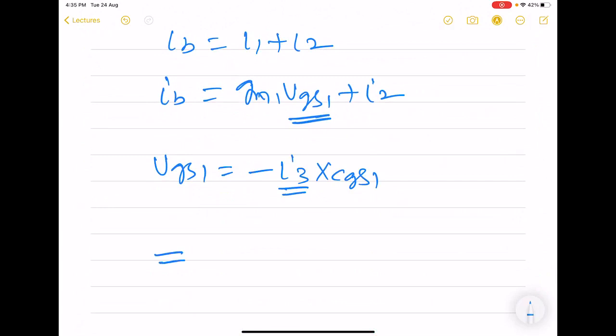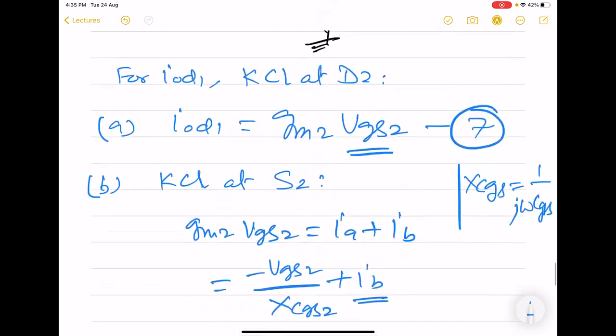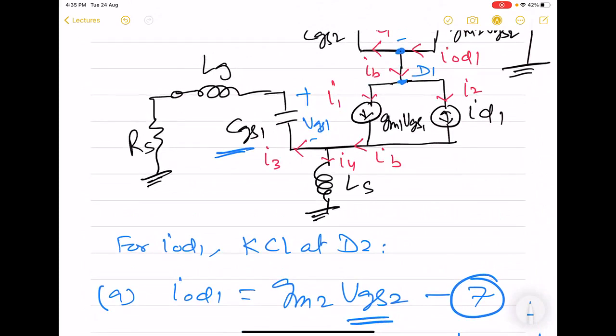So for I3, I3 is generated because IB gets divided into two currents, I3 and I4. So we have already encountered this scenario. That means we have two impedances. So this is I3, this is I4, and incoming current is IB.